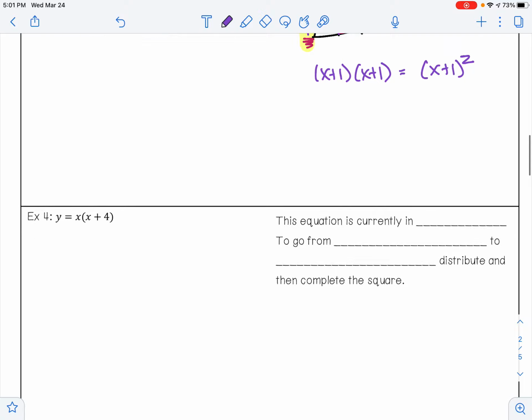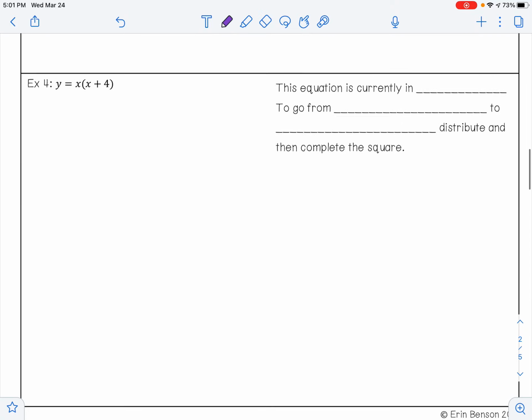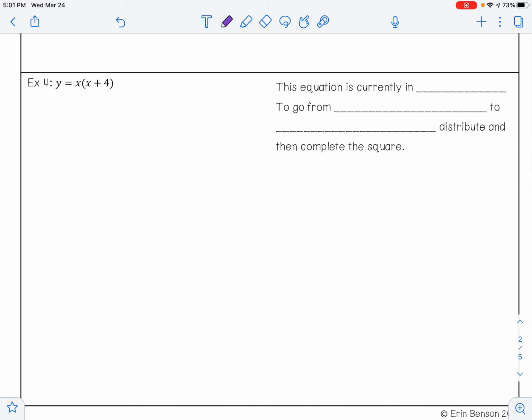Let's see what that process looks like with example 4. On example 4, we have y equals x times x plus 4. This equation is currently in factored form. I know that because I can see clearly the two factors.